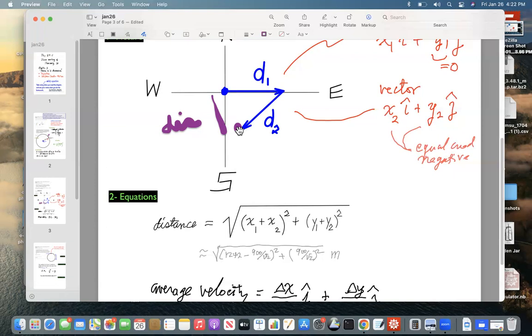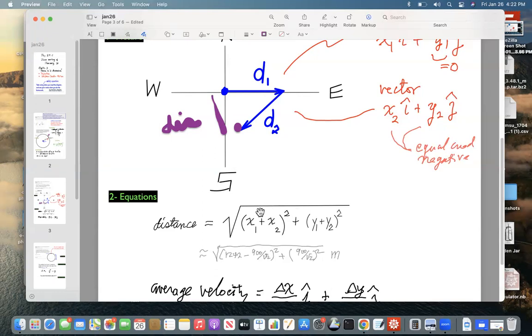But since x2 is negative, that means to the west. So the total eastward direction is x1 plus x2. Total northward direction is y1 plus y2. y1 is actually 0, y2 is actually negative. But the total displacement is x1 plus x2 in one dimension, y1 plus y2 in the other dimension.